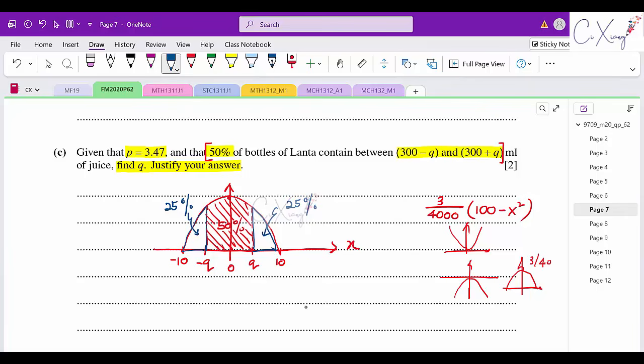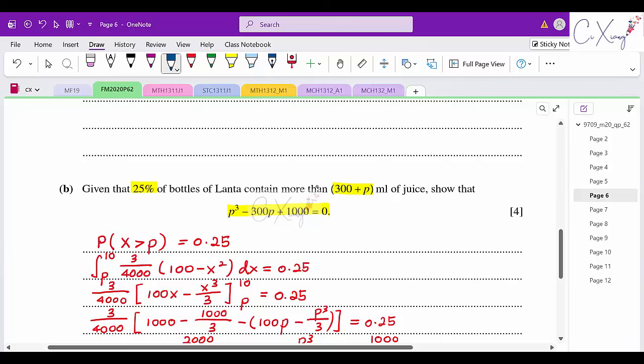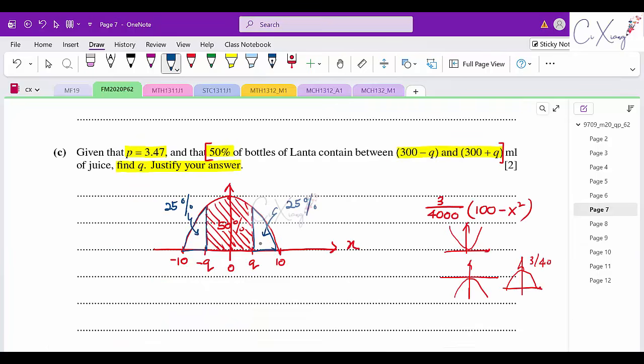So what do you notice just now? Just now in part number 2, we know that more than 30 plus P is 25%. Okay, so if I go back here, just now from part number 2, we are having the probability of x greater than P equals 0.25.